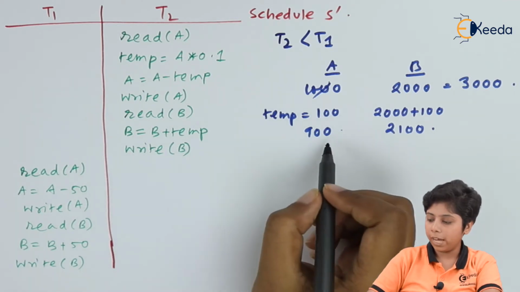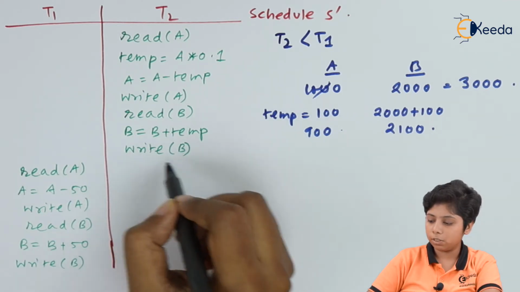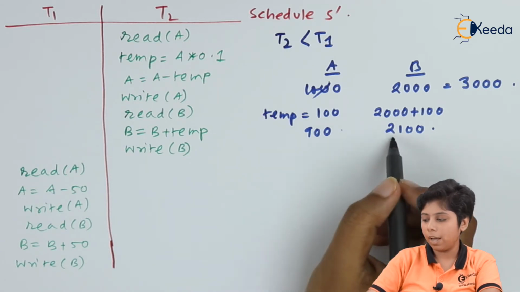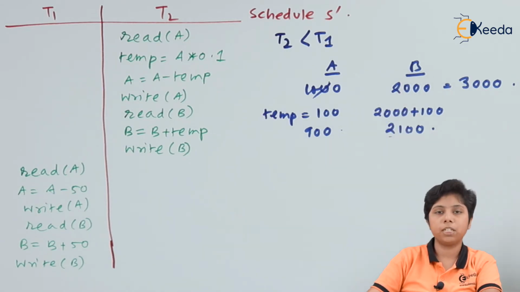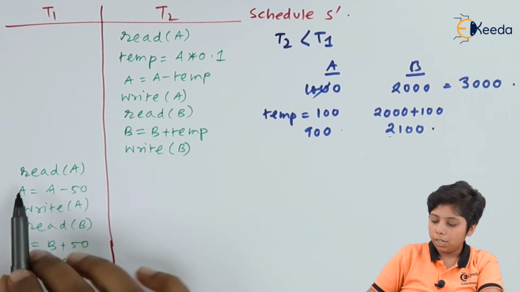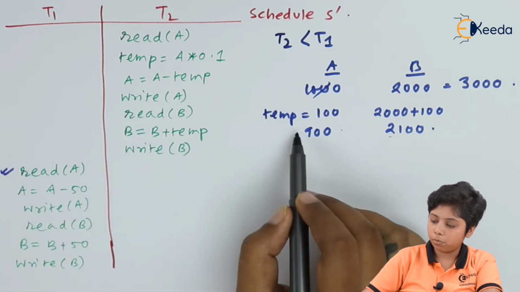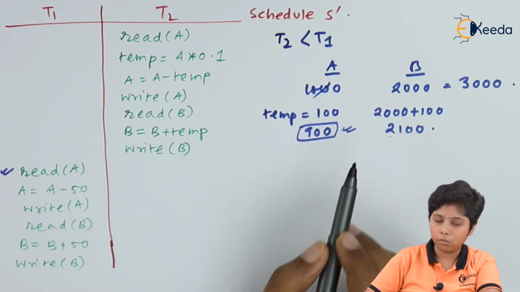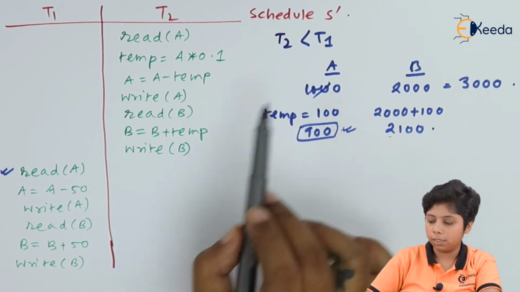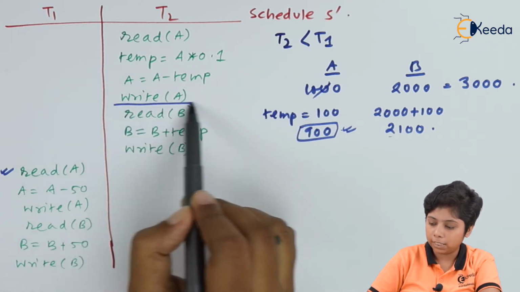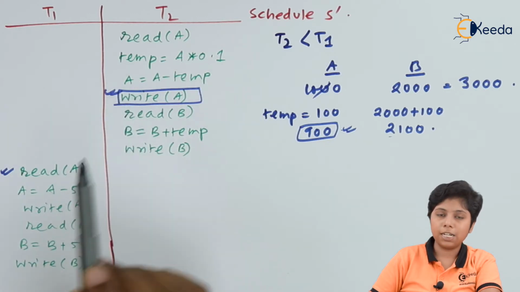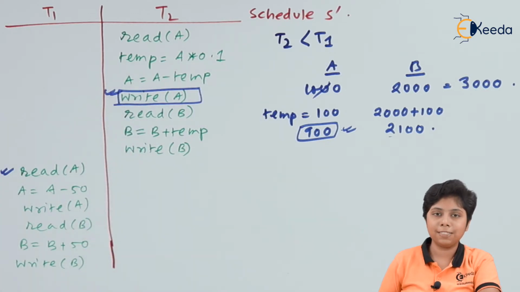So now what we will have? We will write this B, that means we are having 2100 as a result of B. Now, if we are reading this A, we will read the value of 900 now, not the value 1000, because we have performed this write A and that is done in execution with this T1.